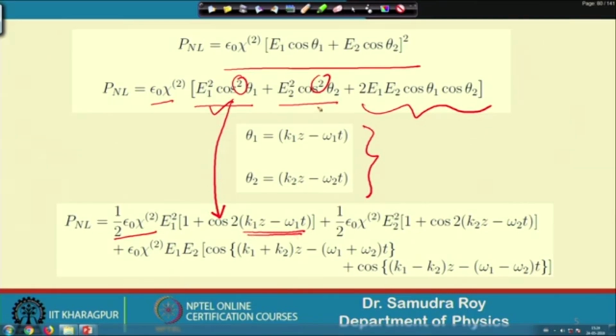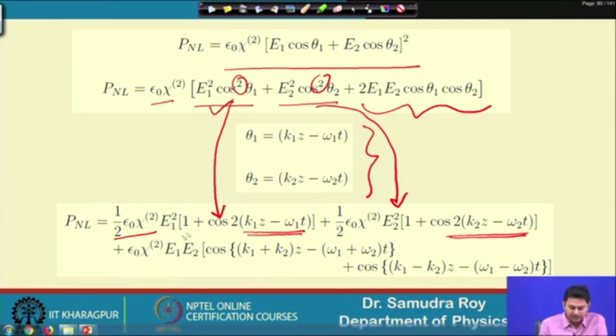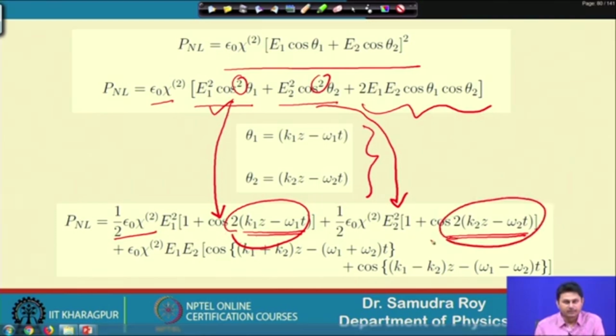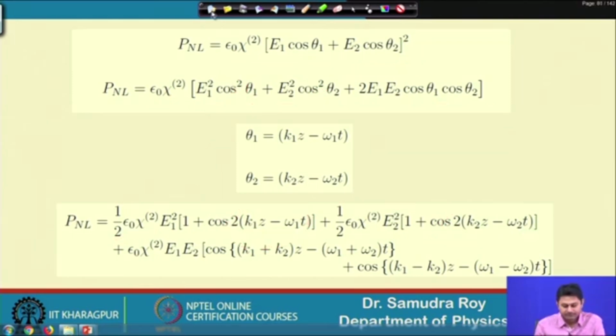In exactly the similar way, the second term can be represented as half chi 2 E 2 square and then 1 plus cos 2 of this term. So, we have one term here having frequency 2 omega 1, another term here having frequency 2 omega 2, and then after these two terms we have the term having cos theta 1 and cos theta 2.